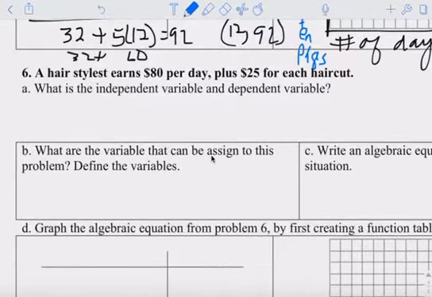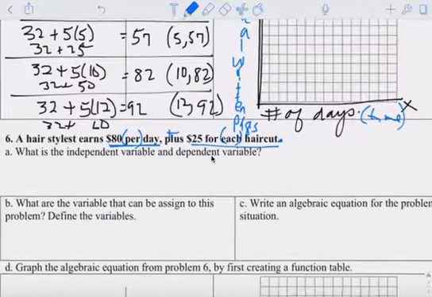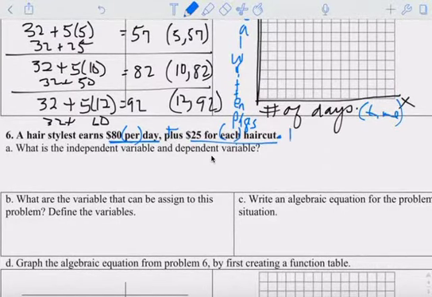Hairstylists earn $80 per day, each means times, plus $25 for each haircut. This is confusing because each means times. I didn't write down what I'm missing here.